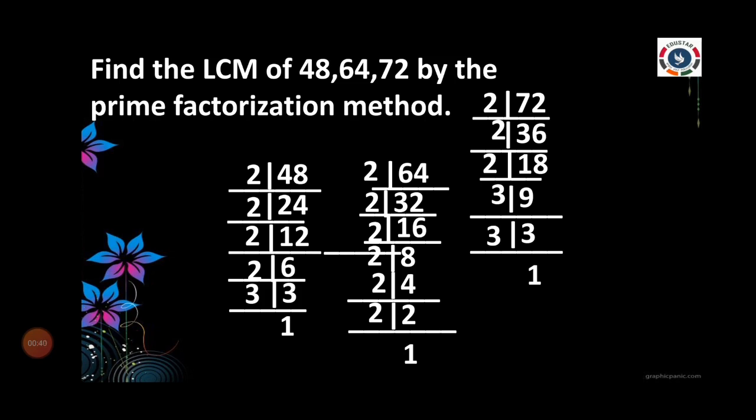Now we are going to write all the prime factors. First, write 48. In 48, how many 2's are there, how many 3's are there, all the factors you want to write using the multiplication symbol. So 2 into 2 into 2 into 2 into 3.